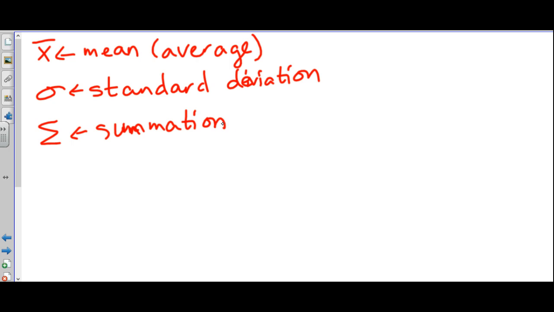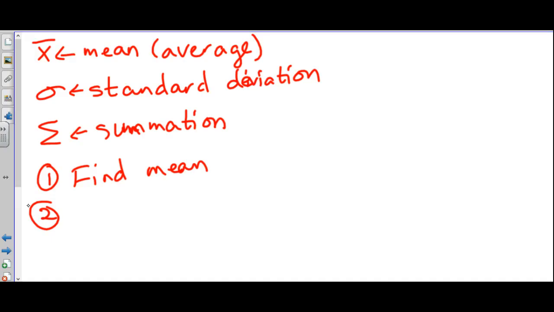So the process of finding your standard deviation is a very long process. It starts by first finding the mean. So step 1, we find the mean. The second step, you're going to take every number from your data set and subtract the mean from it.